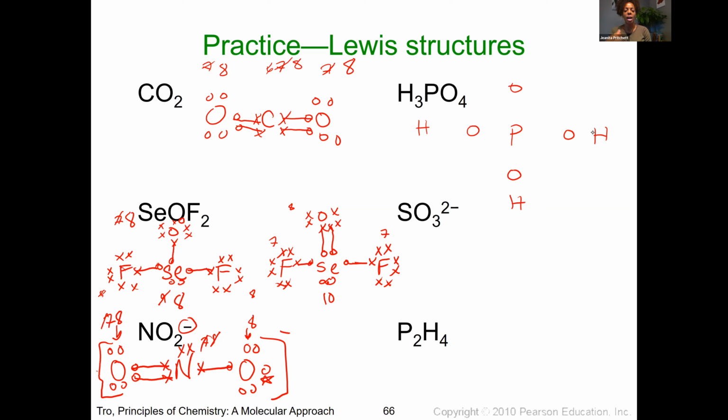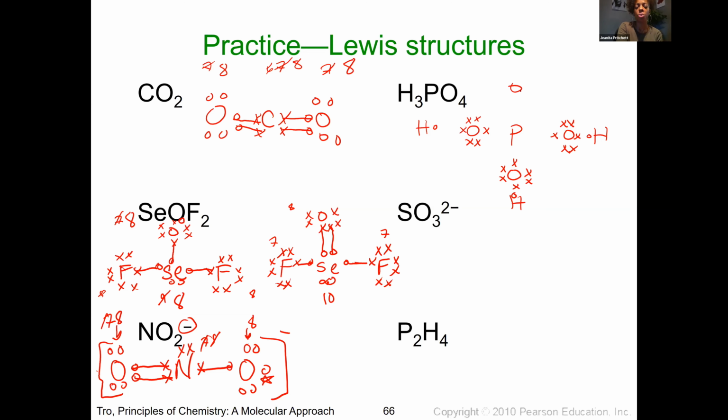Same pattern applies. I give each one its valence electrons. So hydrogen would get 1. Oxygen would get 6. Again, I'm using X's and O's just to help you all see the difference in the electrons.